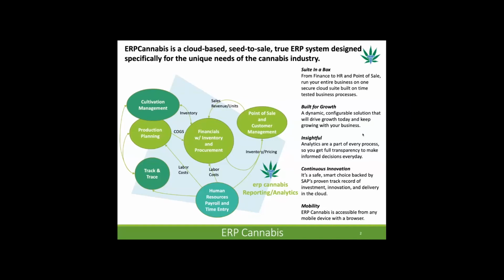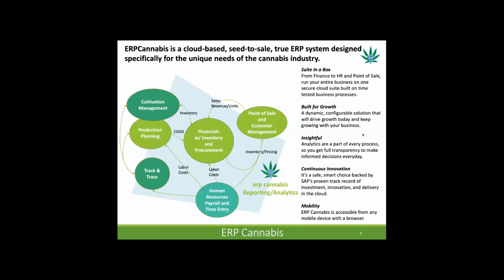So just in terms of the overall solution, it is a suite in the box. It is basically a cloud-based solution that is available in the standard ERP suite, basically out of the box. And of course, on top of that, customizations can be done, but the intent of ERP Cannabis is to have a standard, simplified, out-of-the-box ERP solution to use.